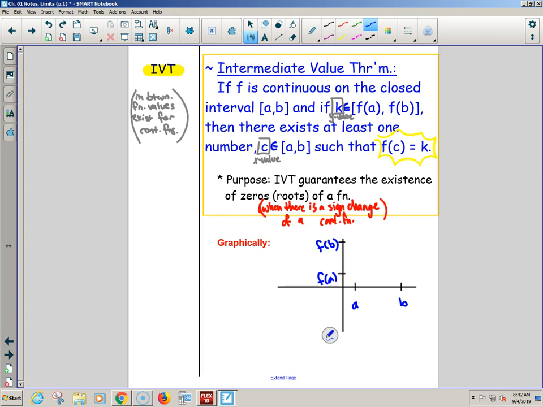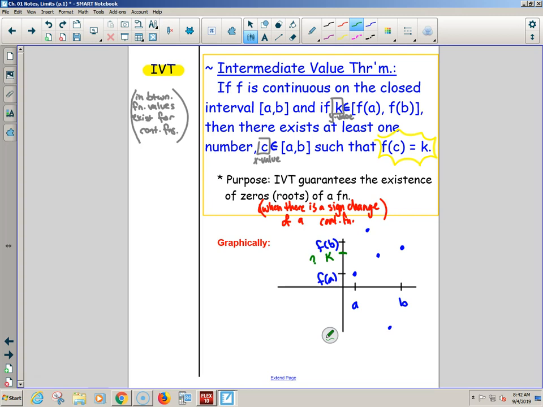But if I do have a continuous function, A would go with F of A, B would go with F of B. If you're not given any other information, or if you're given a table of random assorted values, let's say you were given a table with some in between, and it was up there, and then it was here, and then down here. They could ask, okay, well, must it be this value k?